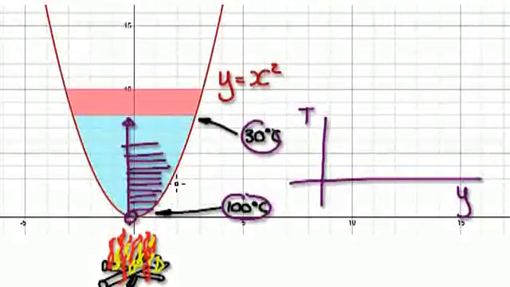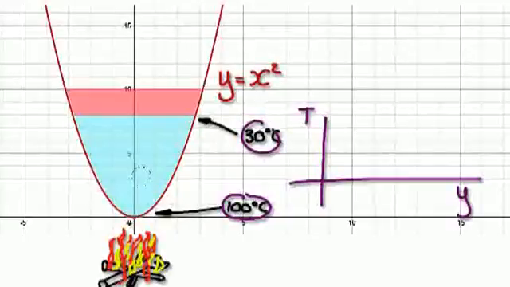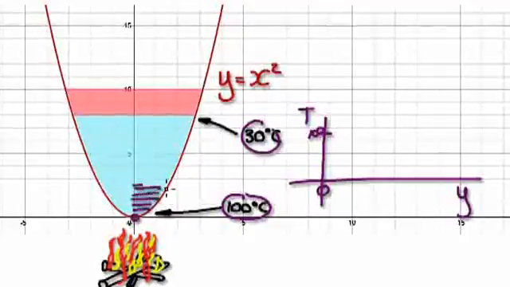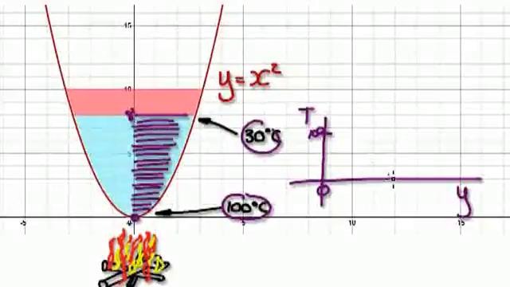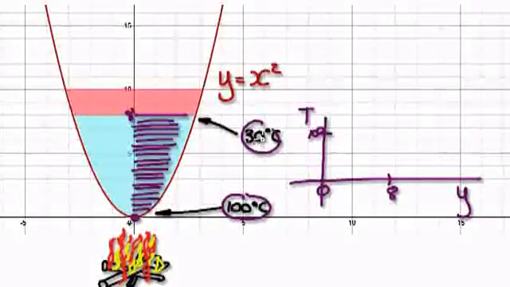We want to set up our temperature gradient in such a way that when Y is 0, the temperature should be 100. And by the time Y gets to 8, our temperature should be 30. So this here should be 30.